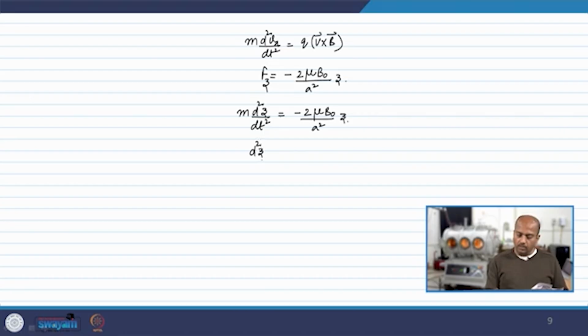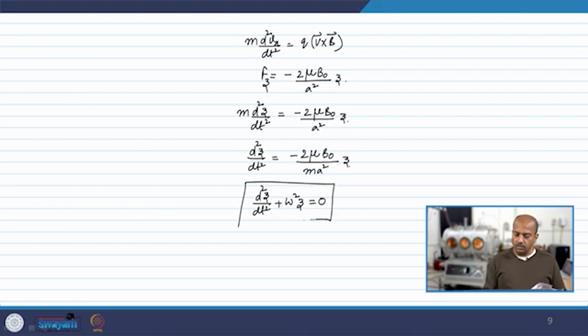So d square z by dt square is equal to minus 2 mu B naught by m A square z. So this appears in the form d square z by dt square plus omega square z is equal to 0.